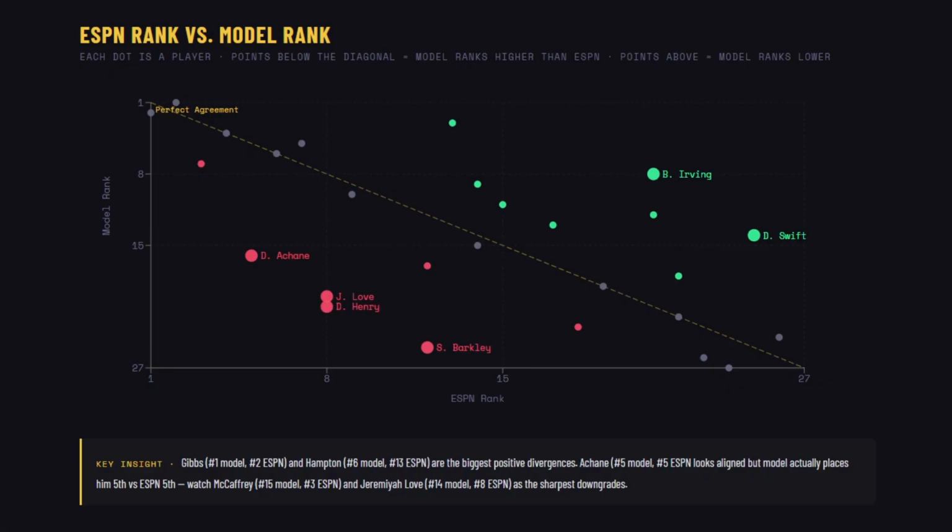Meaning, a player that you're taking in round 2, the model wouldn't even take Jeremiah Love in round 6 or near round 7 even. That just kind of shows you how bad Jeremiah Love is predicted to do based off of all the metrics we used from historical standpoints.